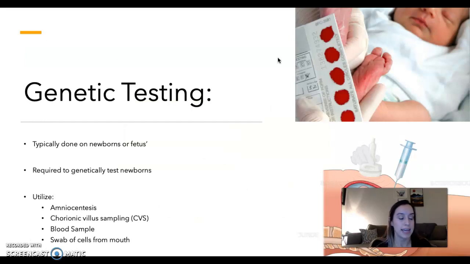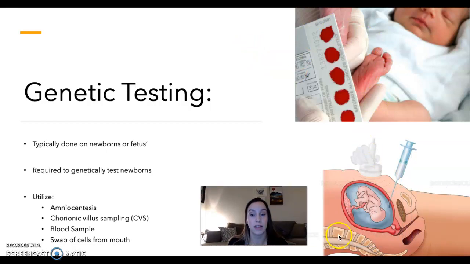For genetic testing options, it is now a law that all newborns must be tested for sickle cell anemia. Testing can use amniocentesis, chorionic villus sampling, also known as CVS, or a blood sample and a swab of cells from the mouth.